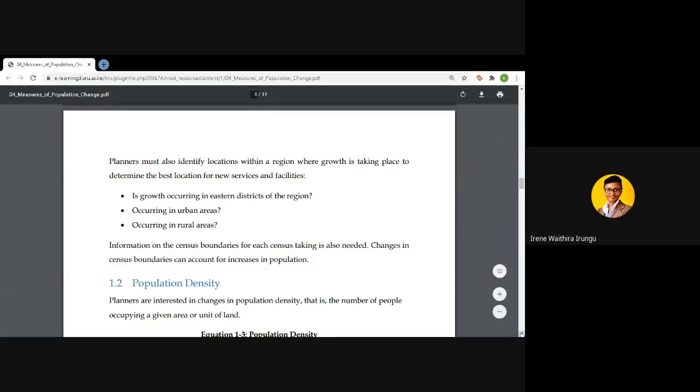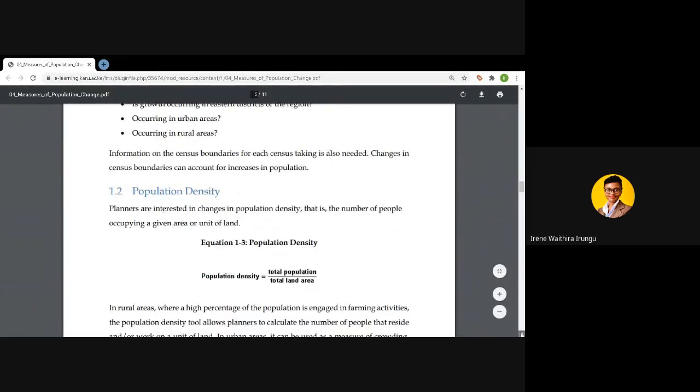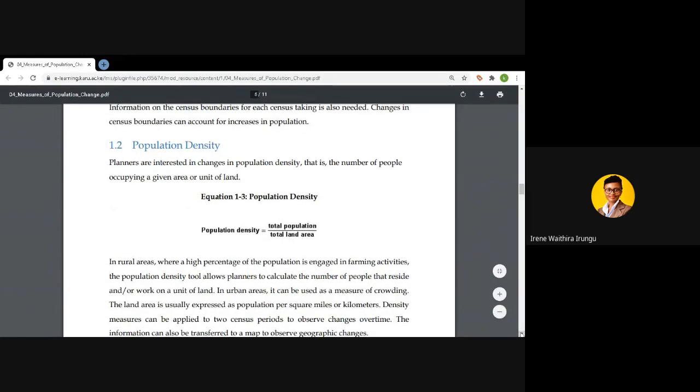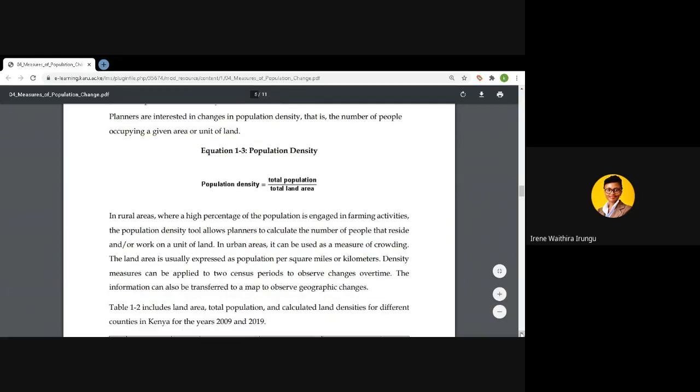So we also have another measure, which is the population density. This is taken to be the ratio of the total population to the land area. If you take that ratio, it simply depicts how many people are contained within a specific size of land area.